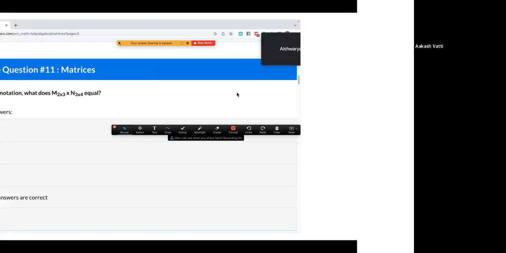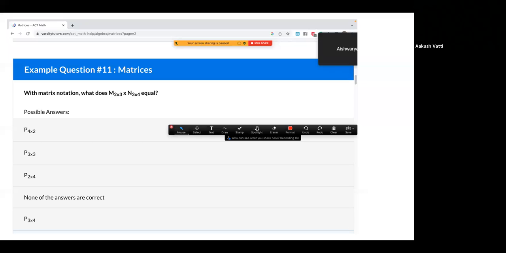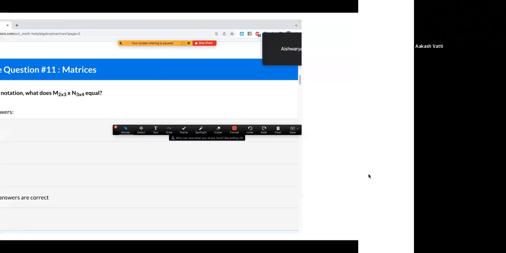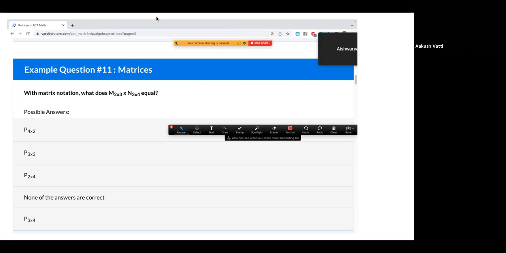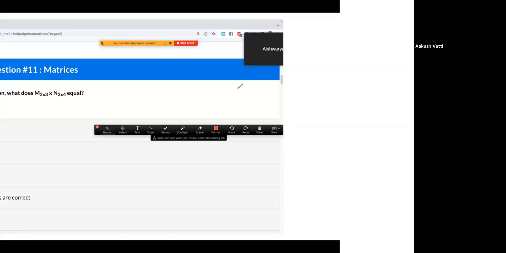All right. So the way you do this is, first, in general matrix notation, M times R x C shows that the matrix is named M, R is the number of rows, and C is the number of columns.